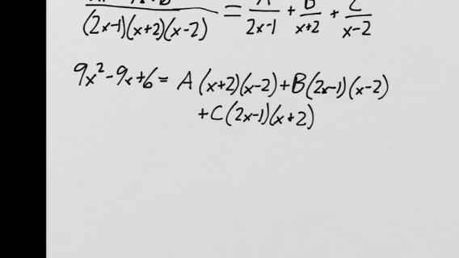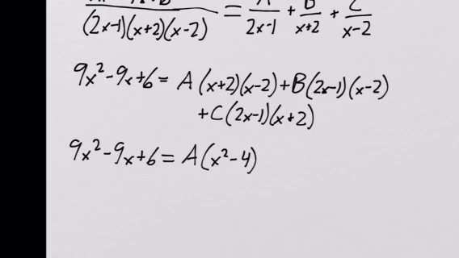Well, now let's do a little bit of simplifying. So x plus 2 times x minus 2 is x squared minus 4. Then here, multiplying out the polynomial, I get 2x squared minus 5x plus 2.